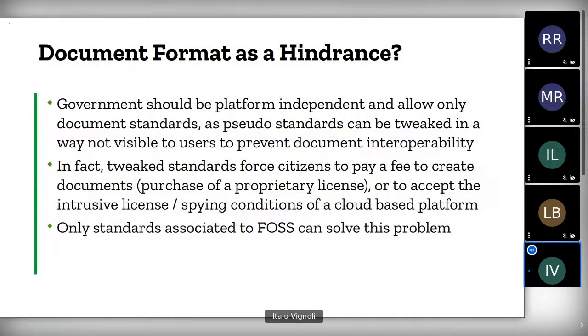companies and citizens to buy Adobe Acrobat to edit a PDF. The PDF cannot be edited with any other PDF compliant software.